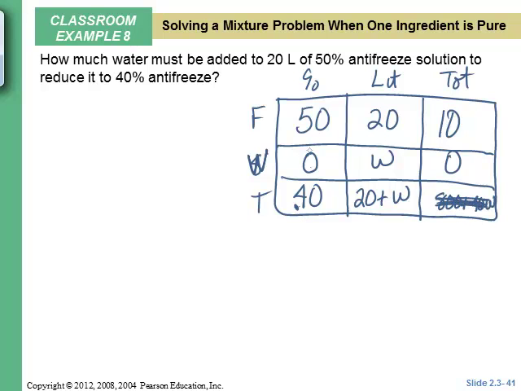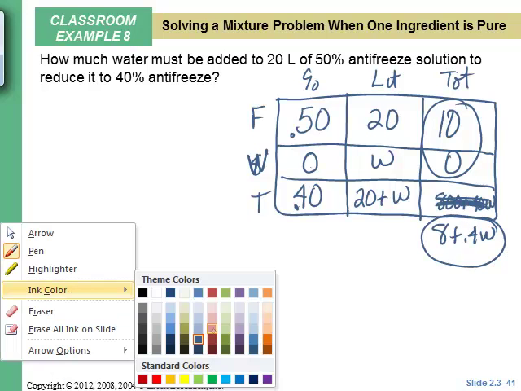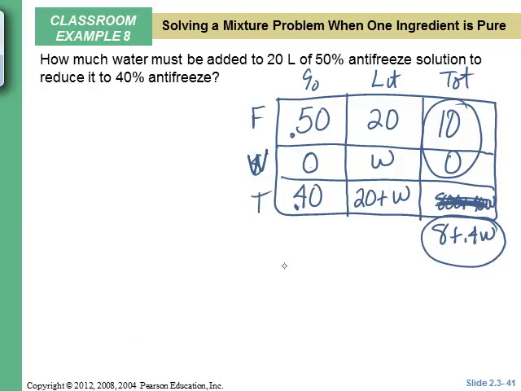It's 0.40 because we wanted them as percents. So 0.4 times 20 is 8 plus 0.4W. So these two added together are going to equal this. Let's write our equation. 10 plus 0 equals 8 plus 0.4W.